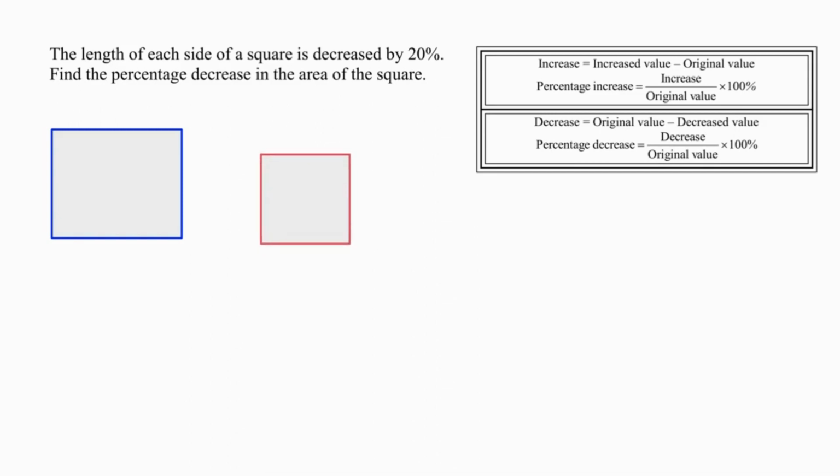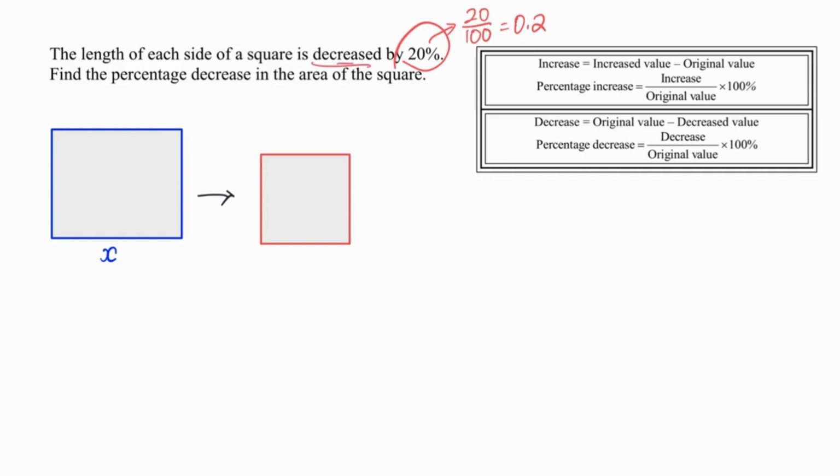Okay, so now, for example, if I'm going to have the length of the square be x, then the new square, 20% means that 20% is 20 over 100, which is equals to 0.2.